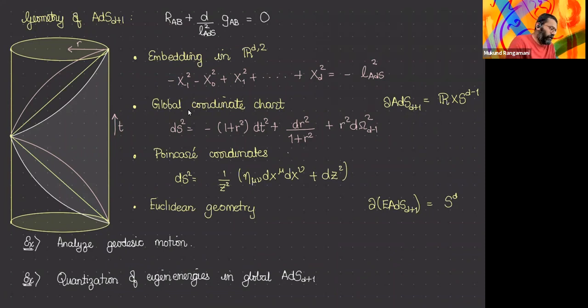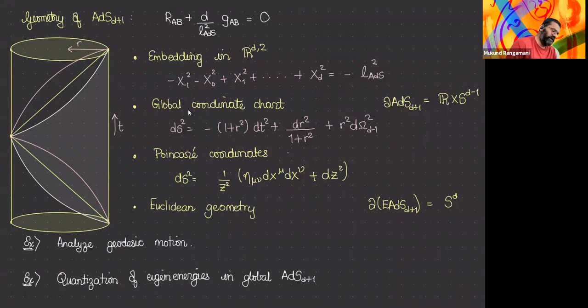This chart covers one Minkowski patch of this Einstein static universe. So it covers basically one conformal section of Minkowski spacetime, and think of wrapping a handkerchief around the cylinder.